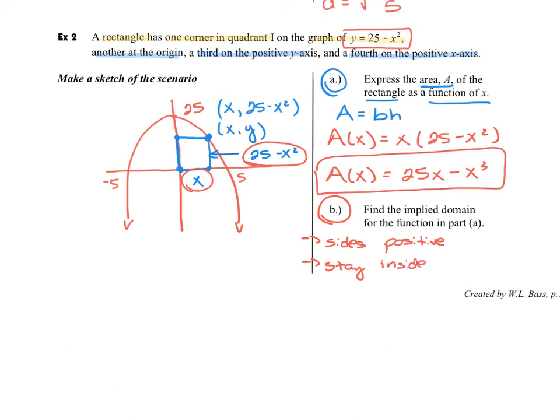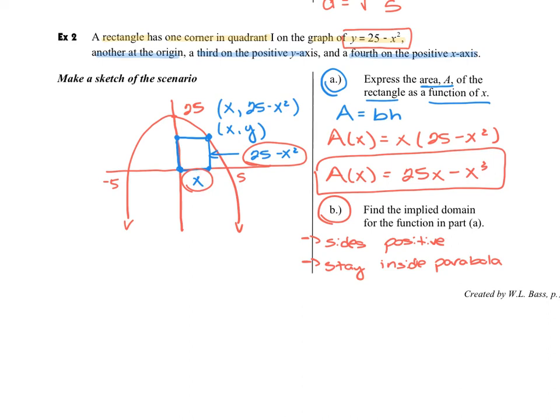In order for us to have positive sides and for it to stay inside the parabola, that's where these x-intercepts are important to us. It means that I can't choose an x value bigger than 5 or I'm going to go outside the parabola. I also logically can't choose an x value that's negative because that's going to violate my original requirements and it would give me a side length that's negative.